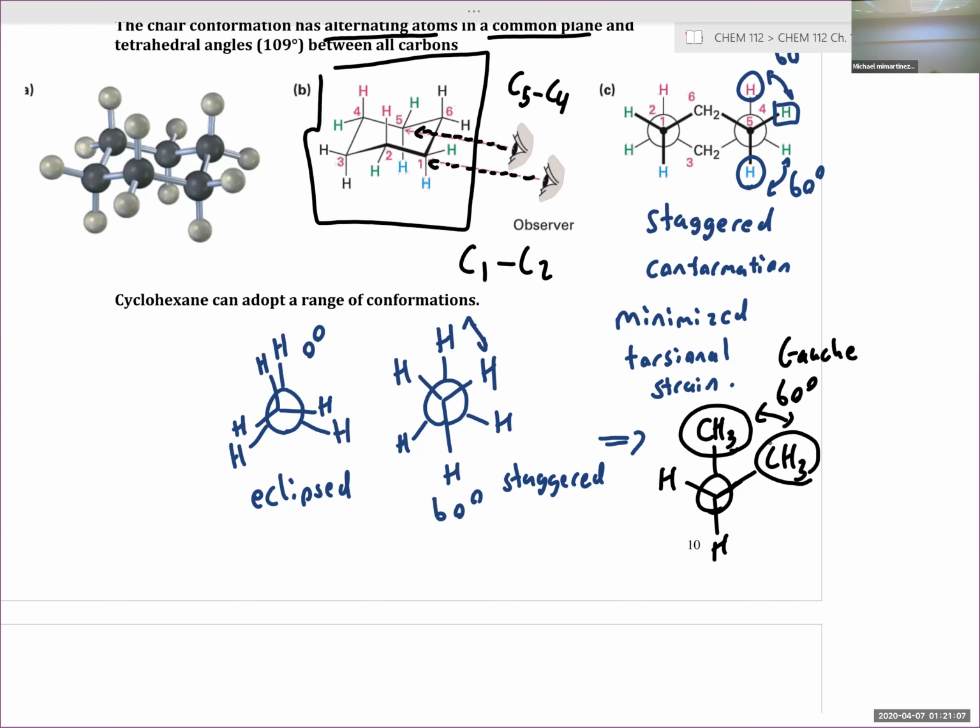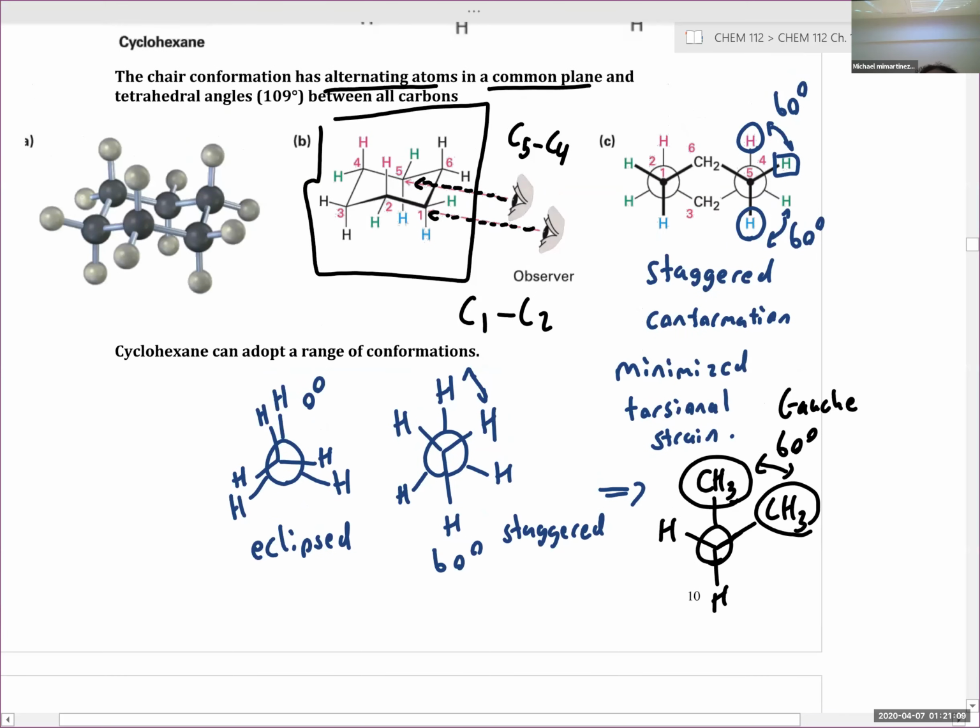Does that make sense? So if we look at our hydrogens, we have a 60 degree dihedral angle, and our hydrogens don't take up very much space. Now this distinction is really important because we'll actually observe a special type of gauche interaction in our cyclohexane ring.